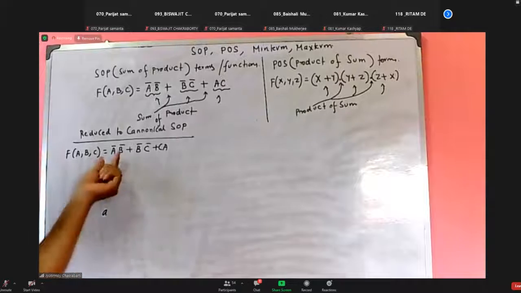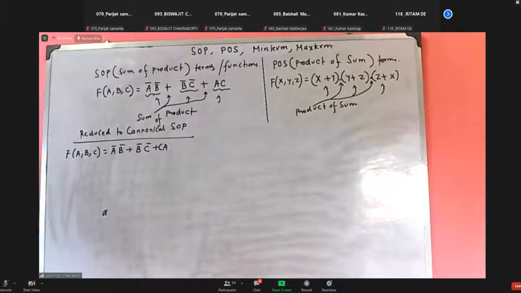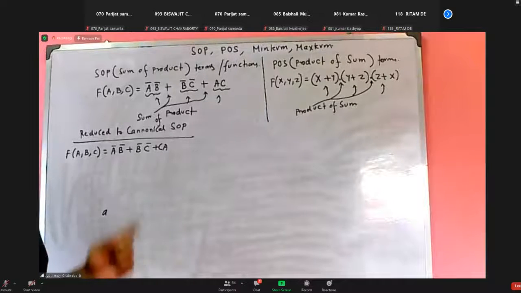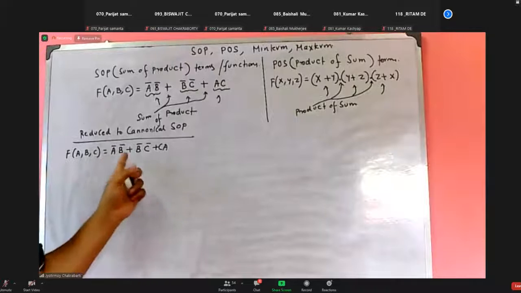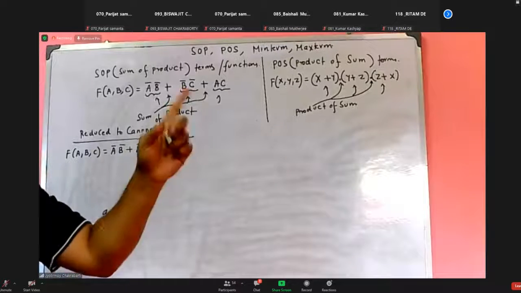Look at the product terms. Okay. And find which variable is missing. In the first product term, which variable is missing? C is missing. So what you will do, you will multiply this product term with C plus C bar.